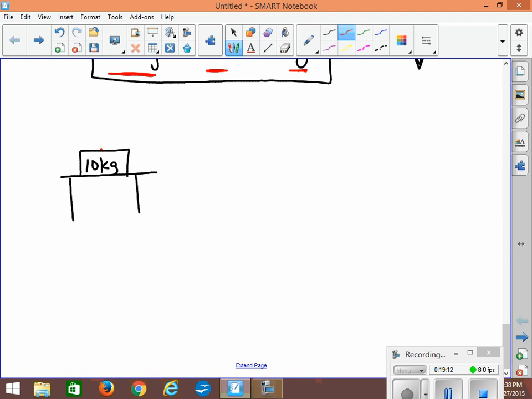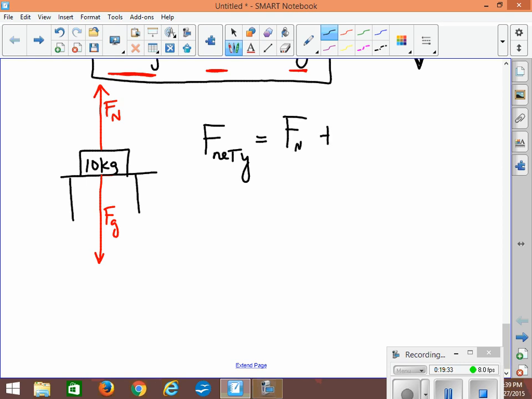And here is the force of the table pushing up, which we call the normal force. And here is the force of gravity pushing down. Let's write our little expression that describes the overall force, the total net force in the up and down, or y direction, is equal to the force of the normal plus the force of gravity.